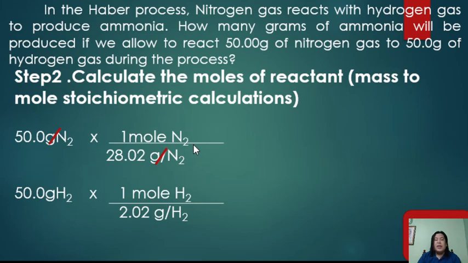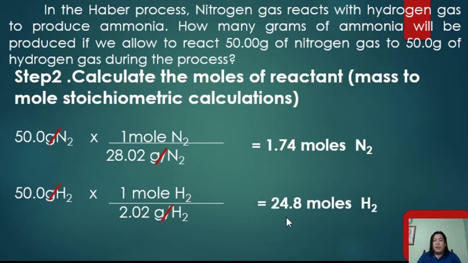As long as there is grams, you will not put any number aside from 1. So that is 1 mole nitrogen gas, and you will get 1.74 moles of nitrogen gas. Then followed by hydrogen gas, cancel the unit. Then you will get 24.8 moles of hydrogen. So this is the mole value of the two reactants in your chemical equation.